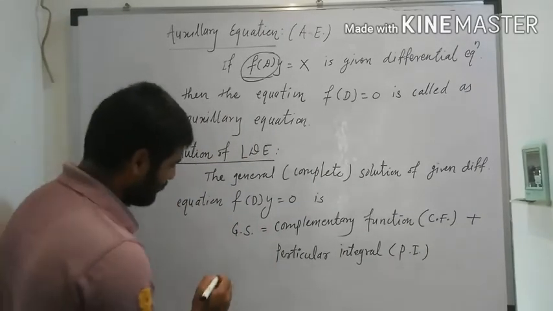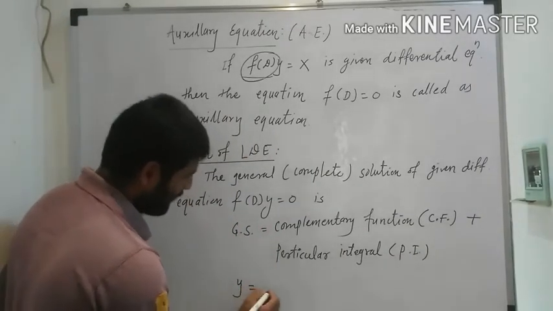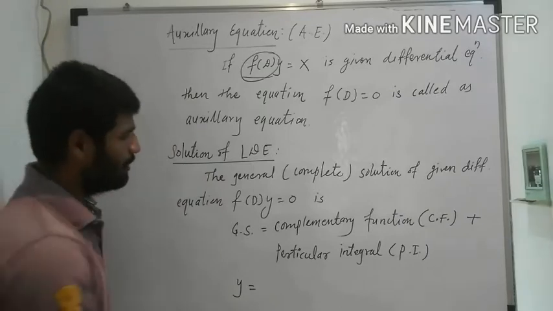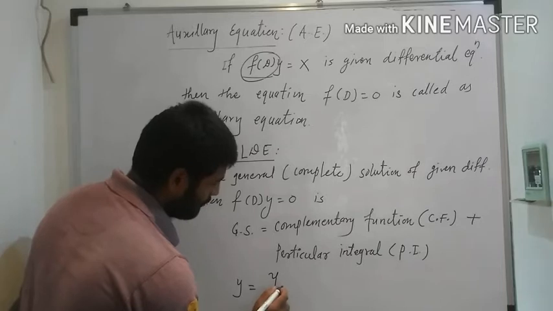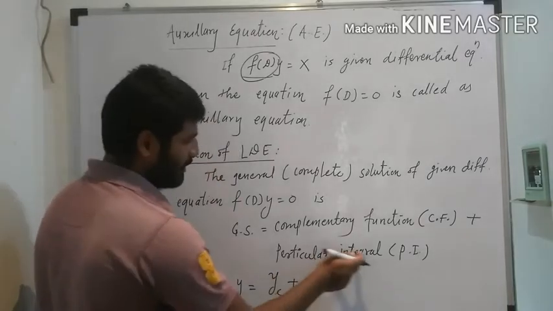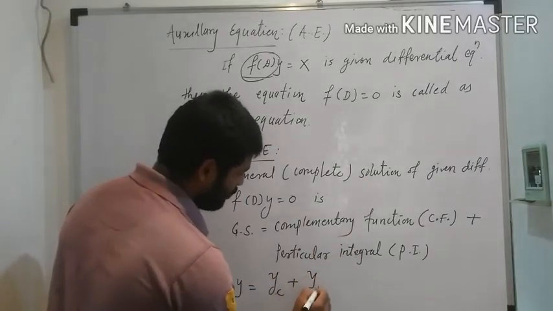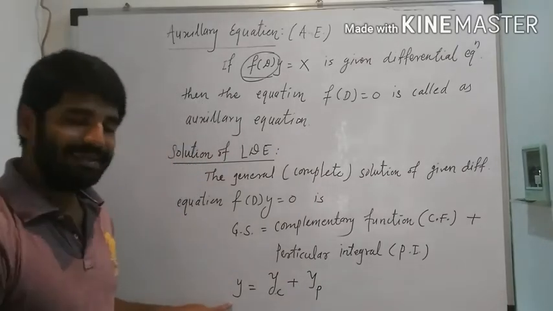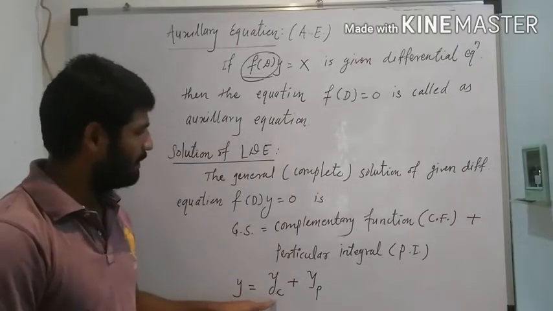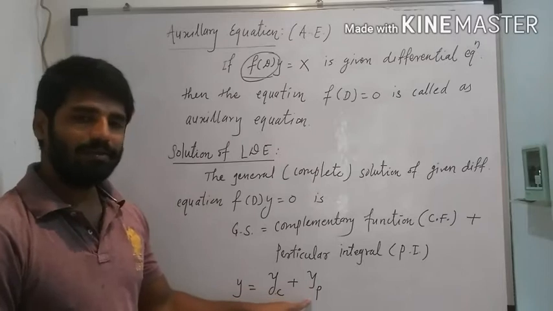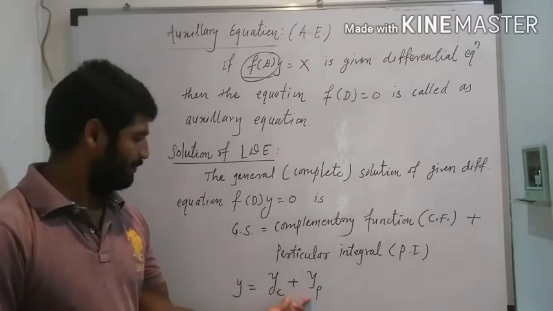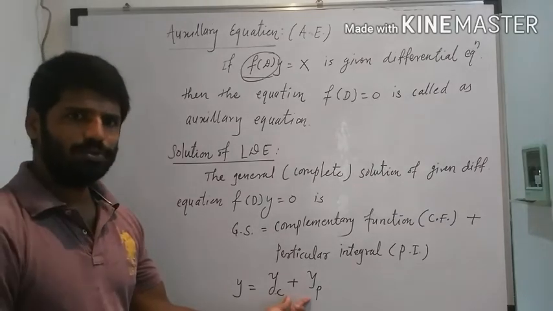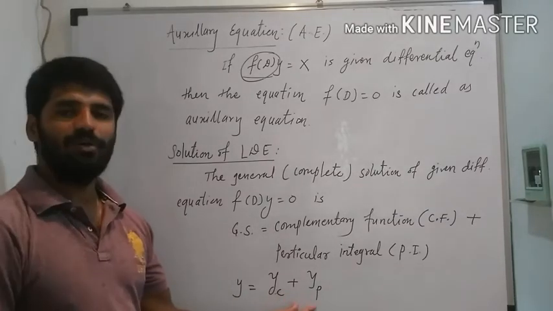And in mathematical notation, this can be written as general solution, that is dependent variable y, is equal to complementary function we denote by yc, plus particular integral we denote by yp. So y is a dependent variable and yc is a complementary function and yp is a particular integral. Both contain the independent variable x. So the general form of solution of a differential equation is y is equal to a function of x.